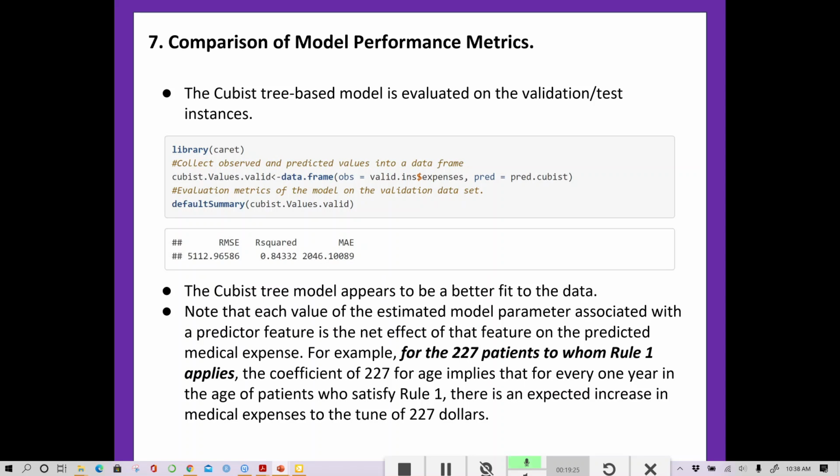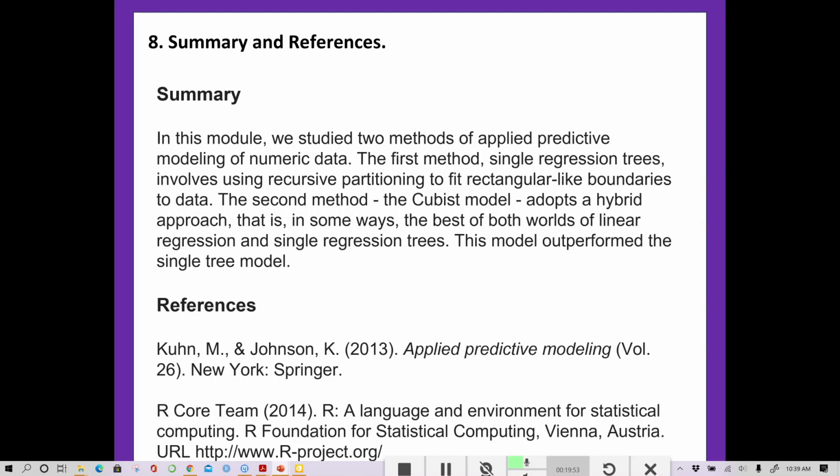So with that said, we note that the Cubist model appears to be a better fit to this data. In interpreting the results of the Cubist model, we interpret the regression line just as we would interpret the estimates of the regression parameters for any linear regression model. Now let's look at the summary of what we have covered here.